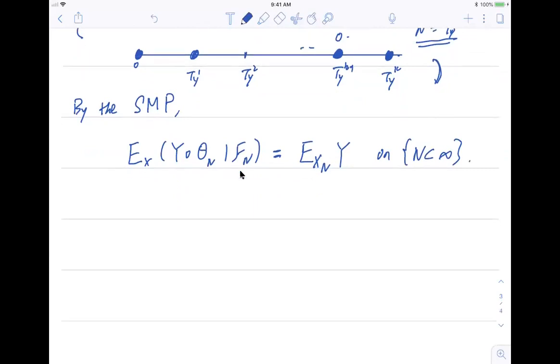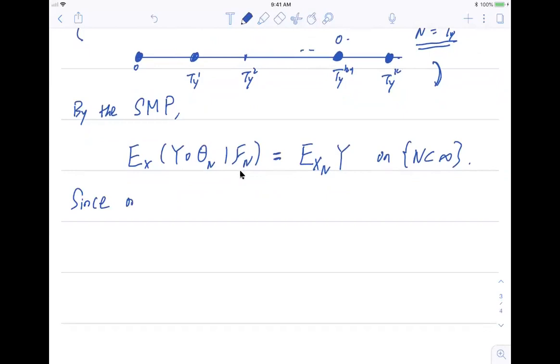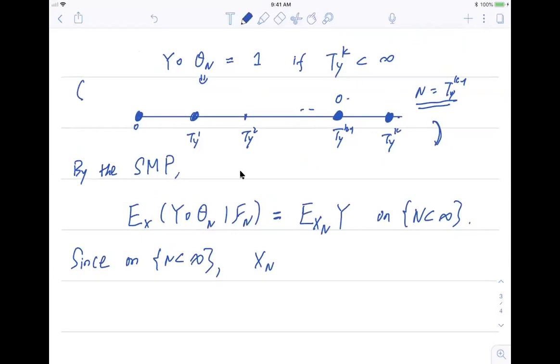And we know that on n less than infinity, what is X_n?